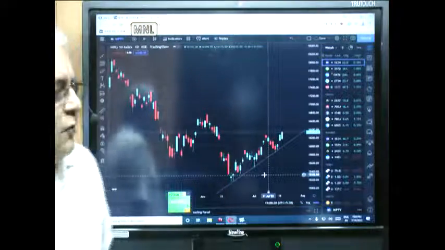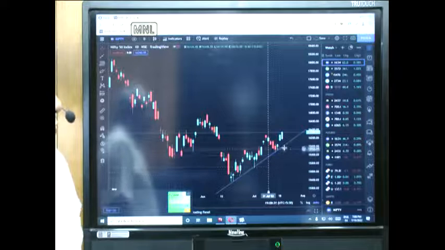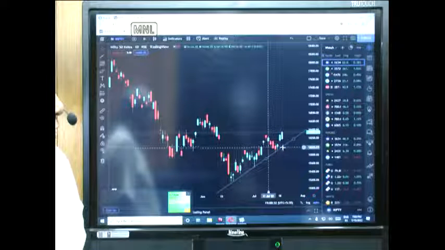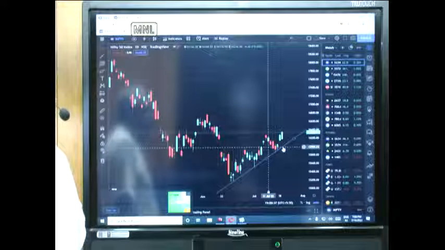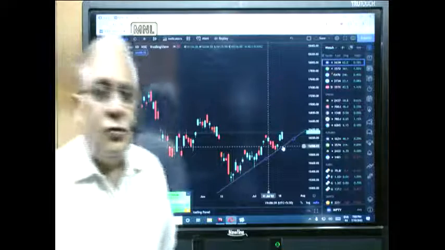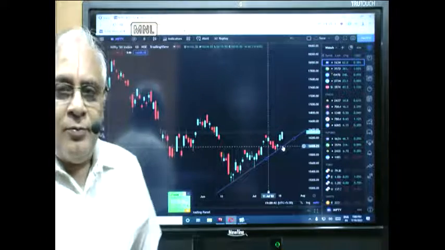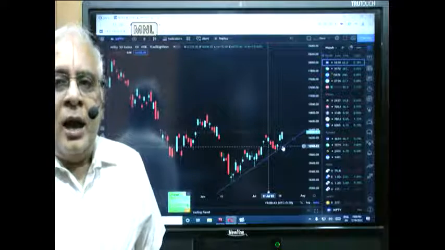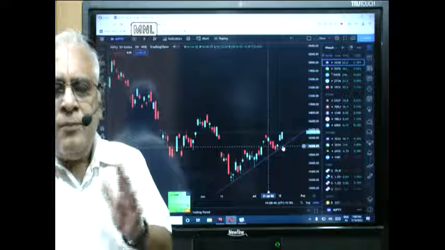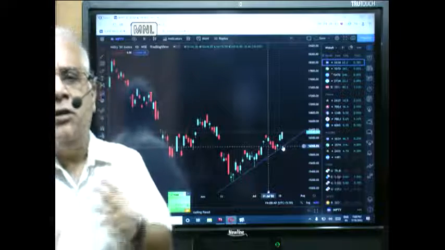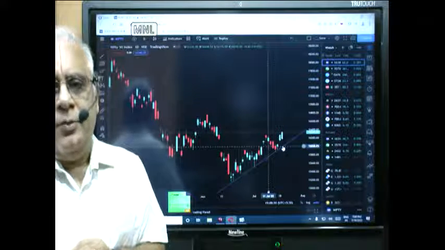So this line has its sanctity, and it is now coming closer to around 16,000, approximately 15,989 to 16,000. Keep 16,000 approximately as a stop loss for the big picture.